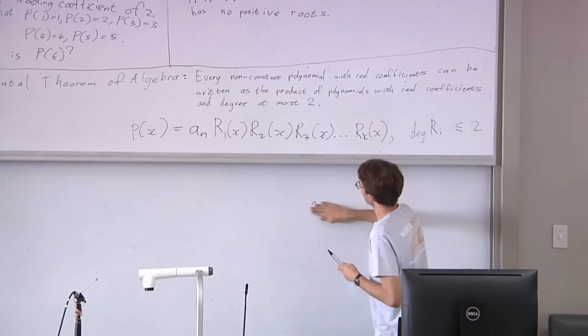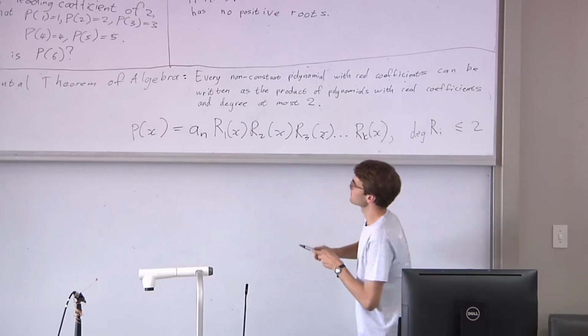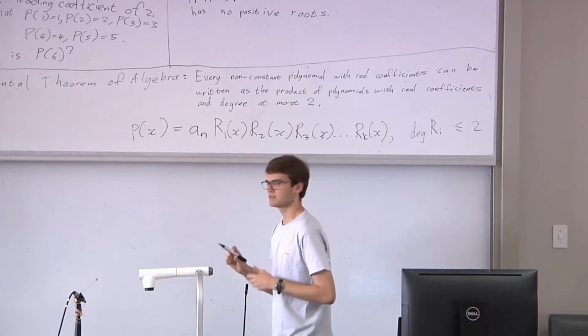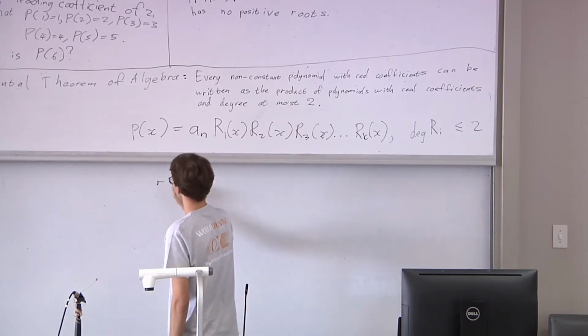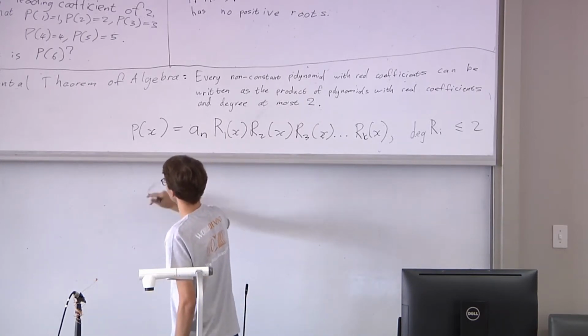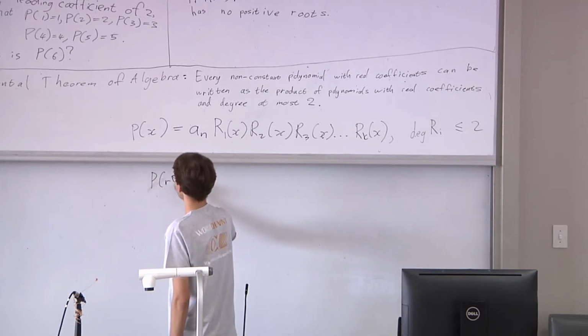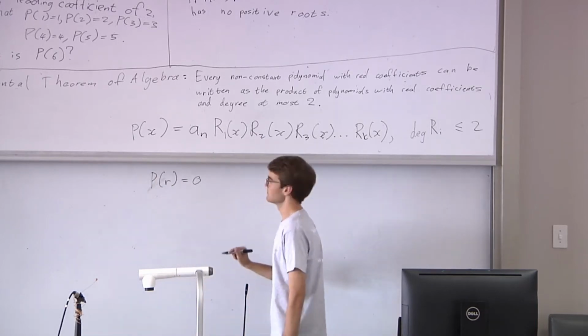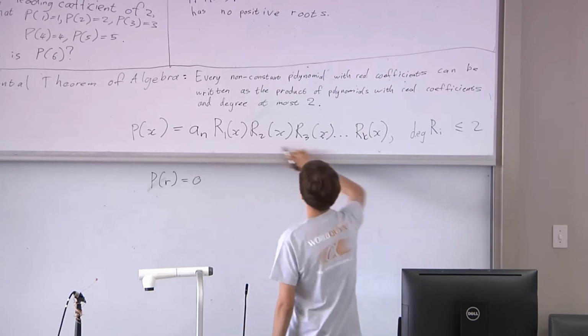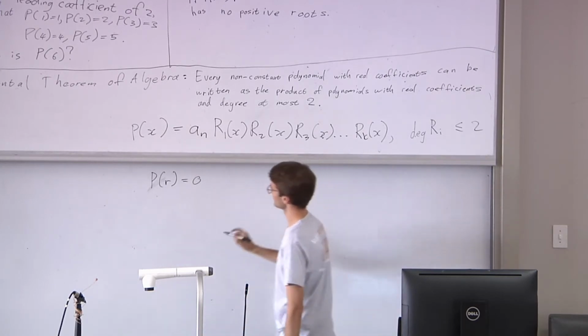Okay, so consider some root r of p, which means that p of r is equal to 0. But we have that p of x is equal to this expression over here.